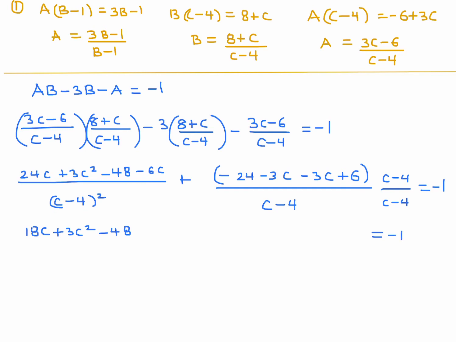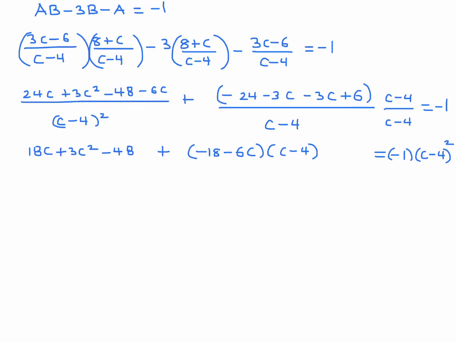So it'll be just negative 1 times c minus 4 all squared. And then this guy, this becomes plus minus 18 minus 6c, like that. And then I've got to multiply by c minus 4.